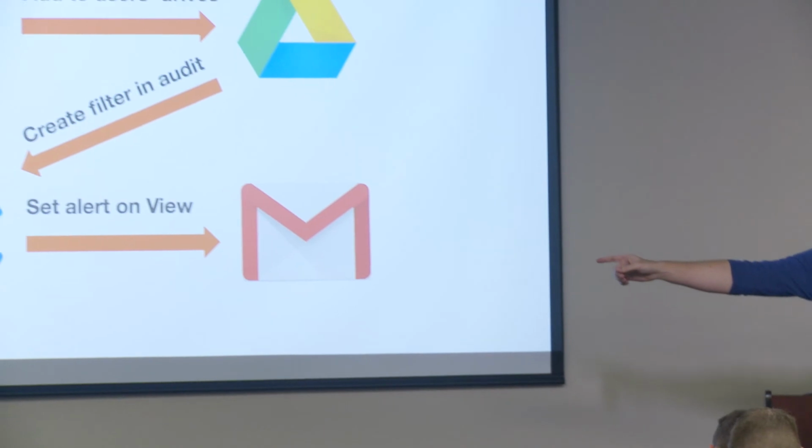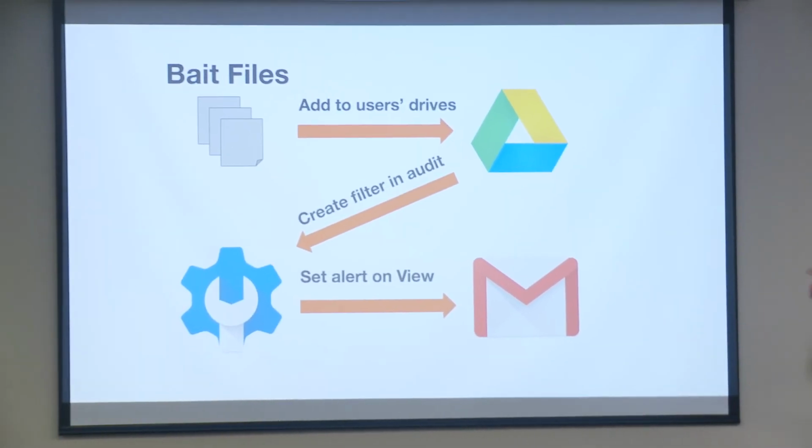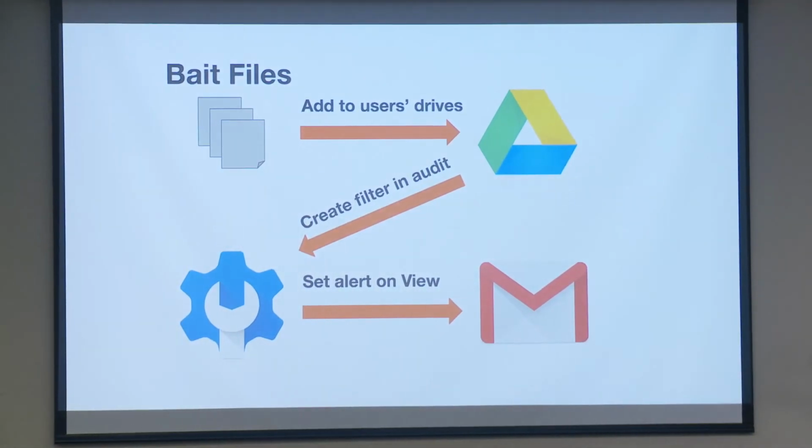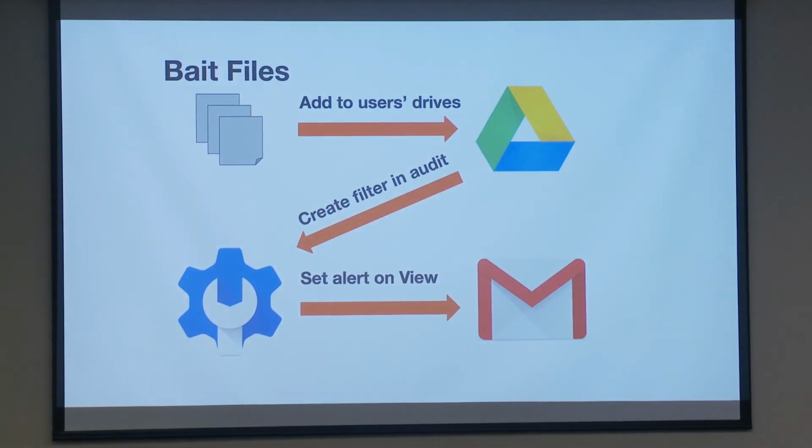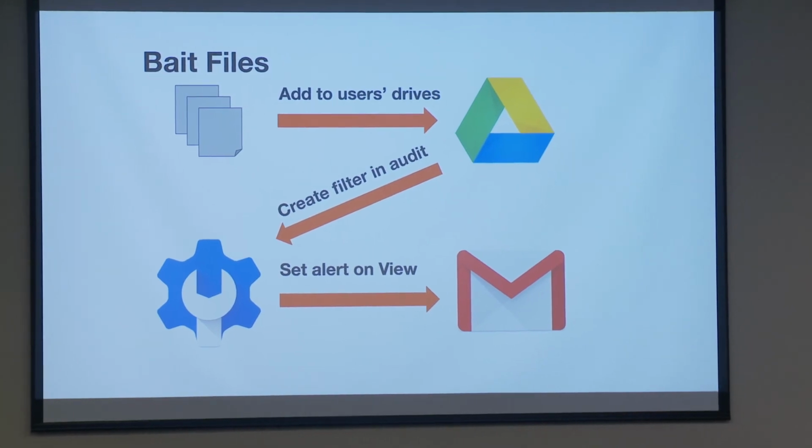So to review, you create a bait file, add them to users' drives, create a filter in your Google admin audit view, and set an alert on that view. Ideally, this gives you the ability to detect certain misbehaving G Suite apps.